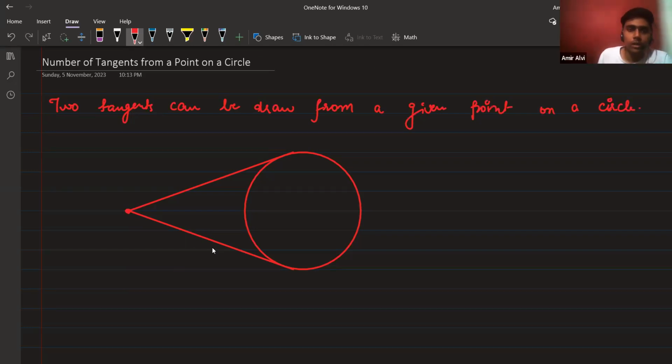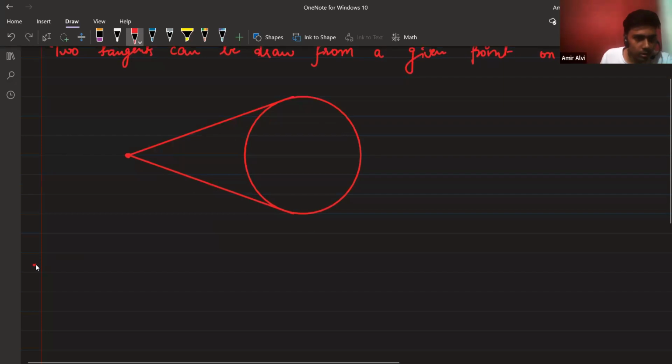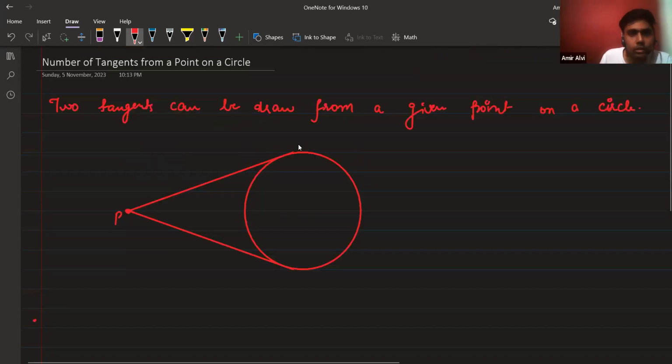Very good. So let's come to the theorem, because next is the theorem part. Suppose this is P, this is point A, and this is point B. This part, PA, is called the length of the tangent. Okay, everybody?